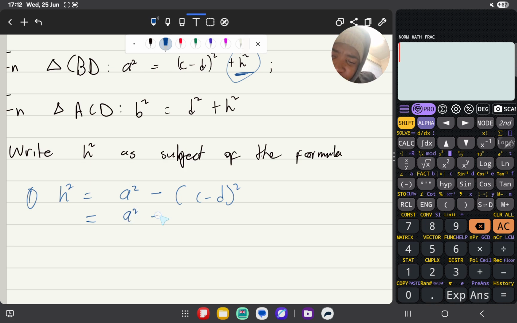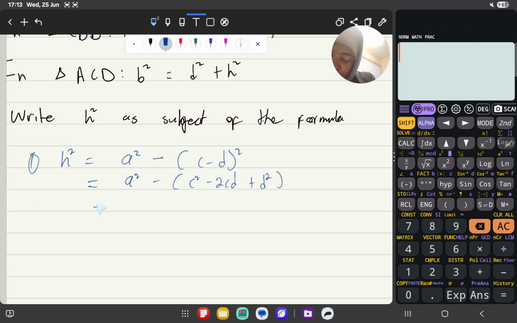So you have a squared minus, this is c squared minus 2cd plus d squared, right? Close bracket, we just multiply with a negative 1 outside there. We have a squared minus c squared plus 2cd, then minus d squared, right? That is what we have after expanding everything, and we can move on to the second one.